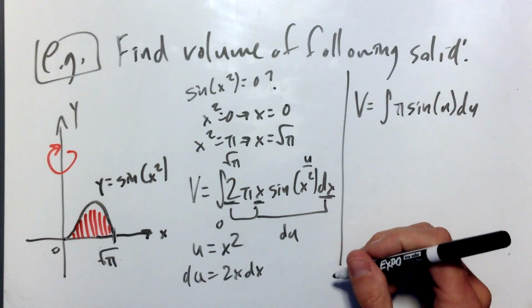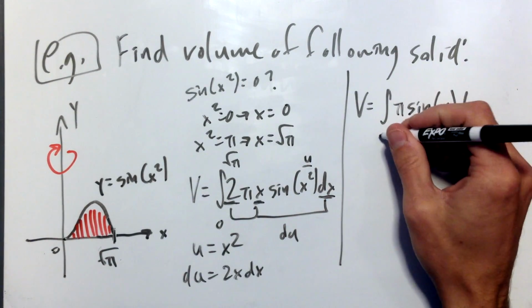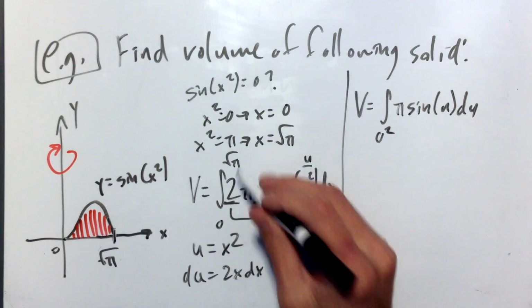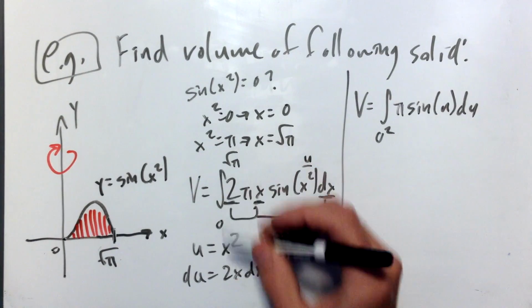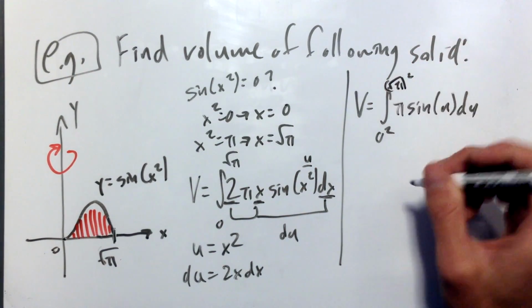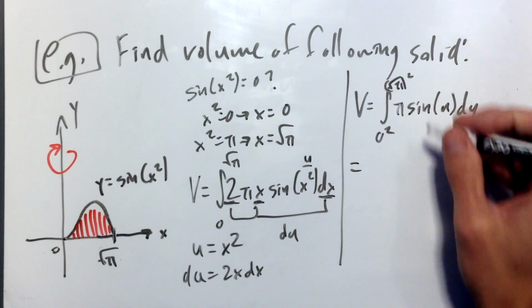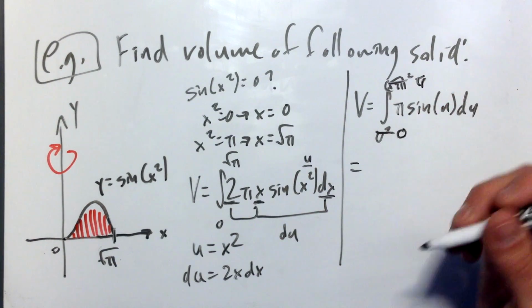Again, I always suggest that we replace the limits. When x is equal to 0, u is equal to 0 squared. When x is equal to root pi, u is root pi squared. So those become 0 and pi. Great.